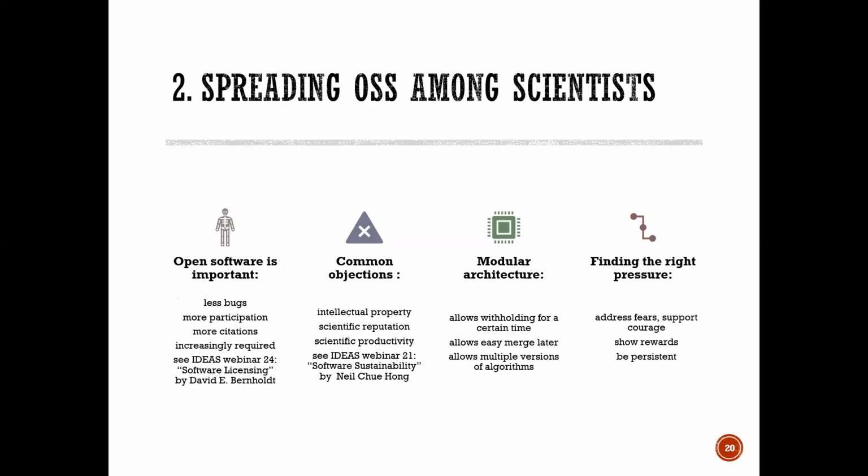And there will be setbacks and there will be discussions about how to work around problems. So it's important to not only say that we are convinced there are multiple benefits to sharing the software, it's also important to be persistent and to accept that it takes some time.